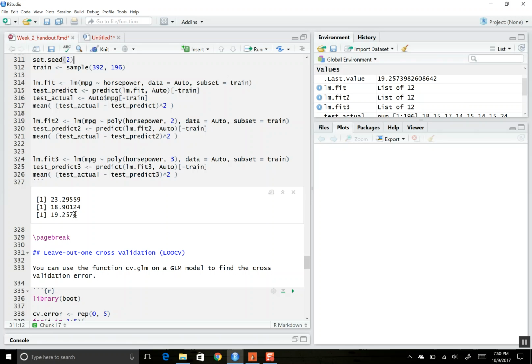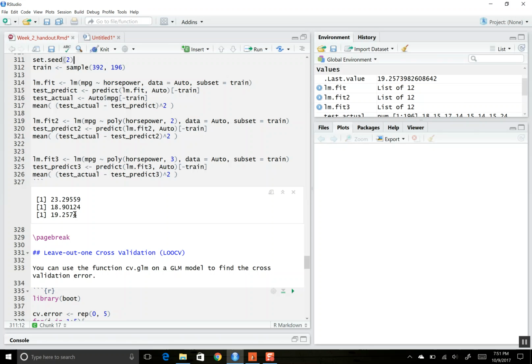Then you try another candidate model. You say, okay, here's model 2. We're going to do the same thing. I leave one out, train the model, make a prediction. Then I go to data point 2, leave that one out, train the model, make a prediction. You do that all 392 times, and you average all of those, and now you have a cross-validation error for model 2.